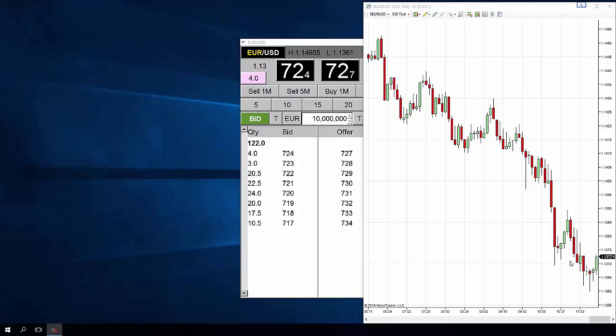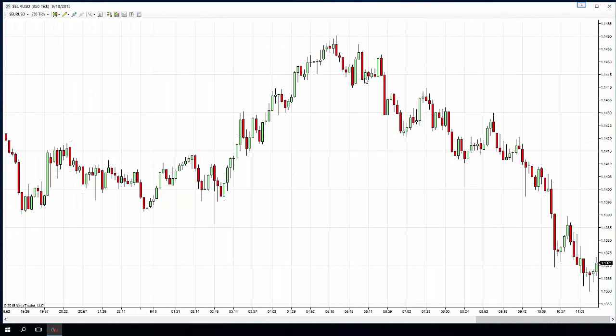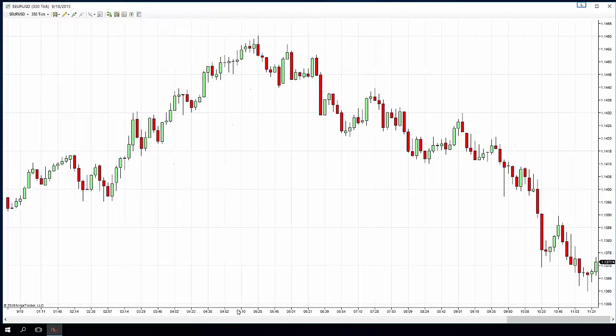Alrighty. Today, we were short right at 60. Do you see the candle is a little bit above the 60?